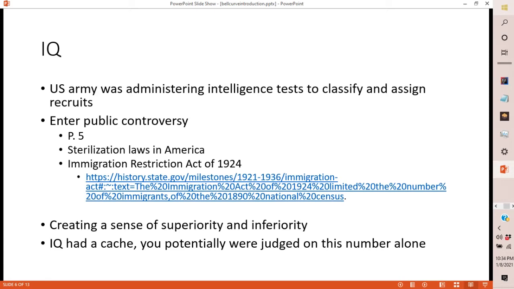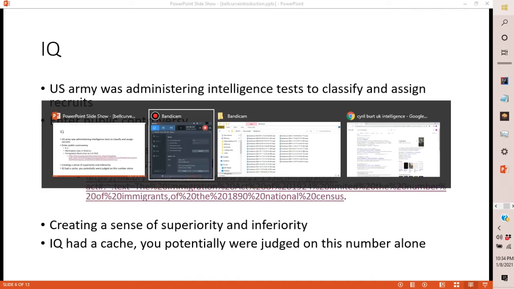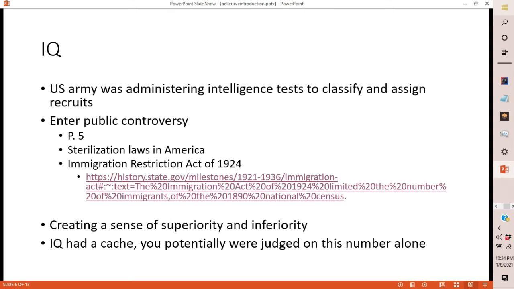So it seems like, and if you read here, I have this link here, the Immigration Restriction Act of 1924, which, if I click here, I think this will take me to it, hopefully. This act, the Immigration Restriction Act of 1924, is referenced in the book.